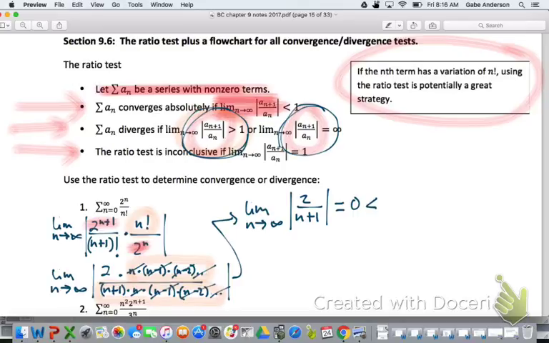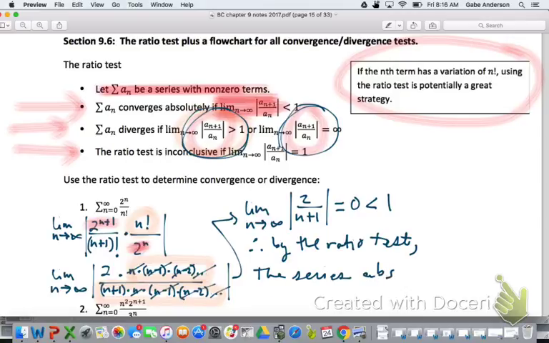Okay, so since we got that limit of 0, which is less than 1, we can say therefore by the ratio test the series does what? Yep, series absolutely converges. I think if you just put converges there I'd be okay with that, but absolutely converges is the case.